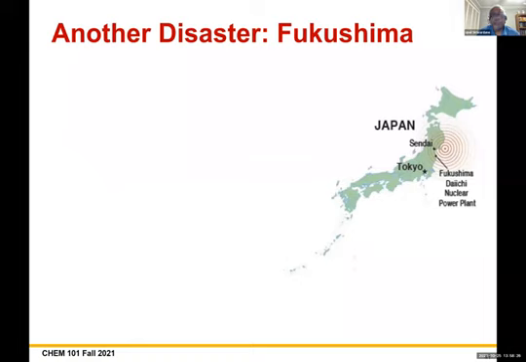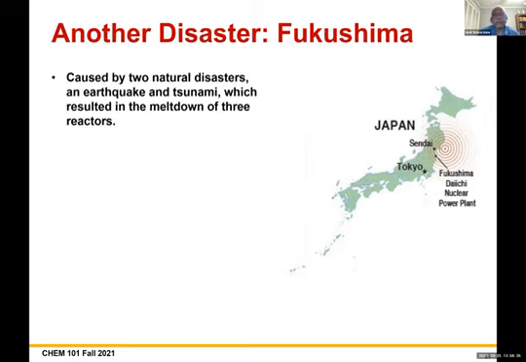Another disaster after Chernobyl was due to a tsunami that took place in Japan, at Fukushima, in one of the places close to Tokyo.